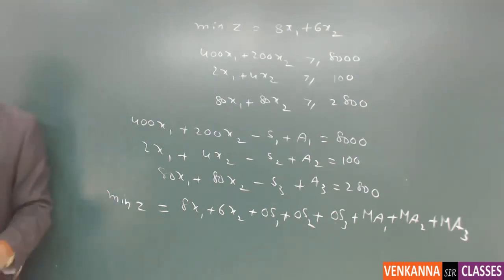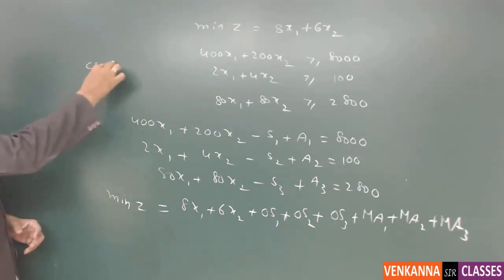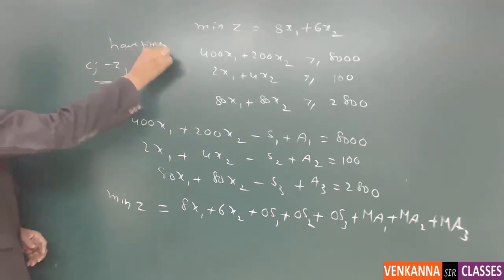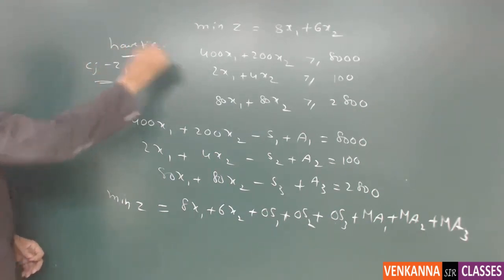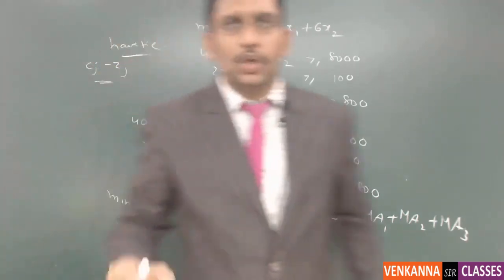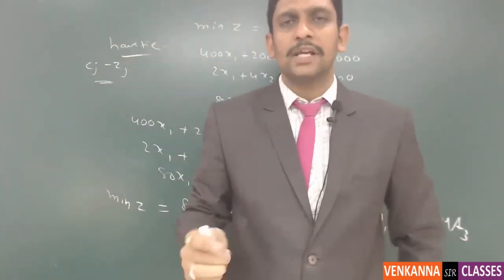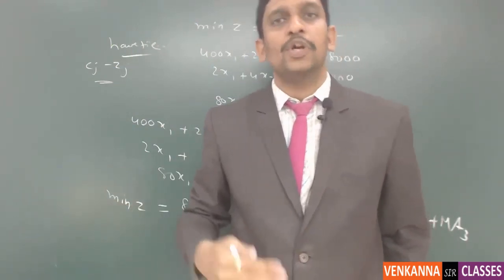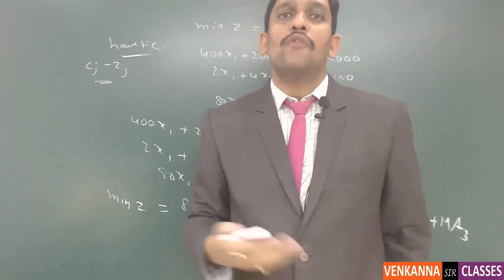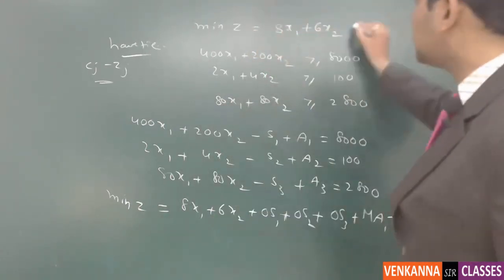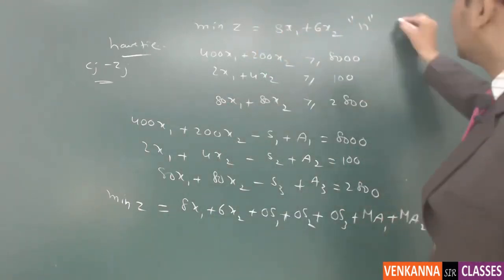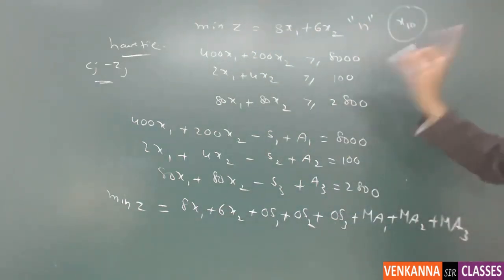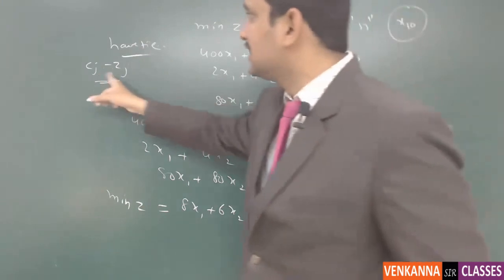That's a good question. Whenever Cj minus Zj values have a tie, please understand one thing, that we are doing very small problems, say 3 variables, 4 variables, from the examination point of view. If you take a real life situation where we are going to deal with at least, say, 10 variables, x1 to x10, definitely a tie will come among Cj minus Zj.